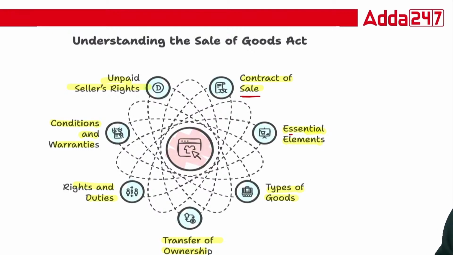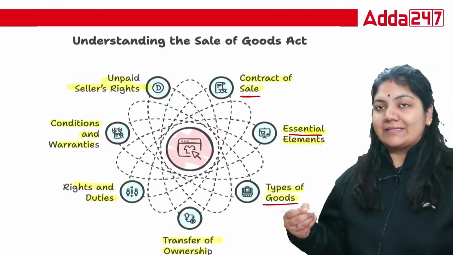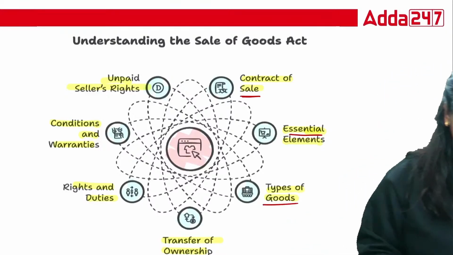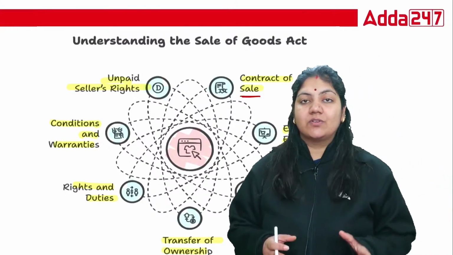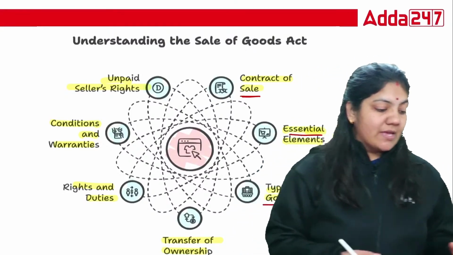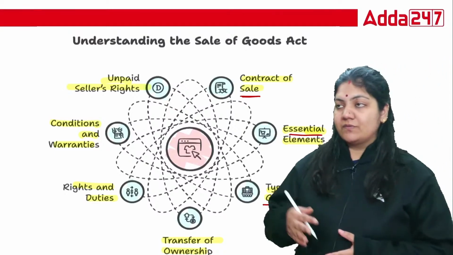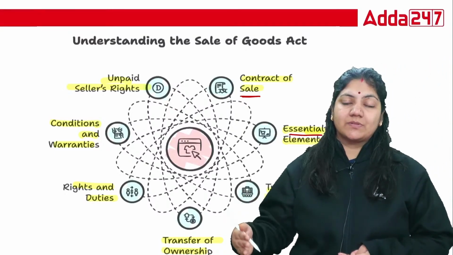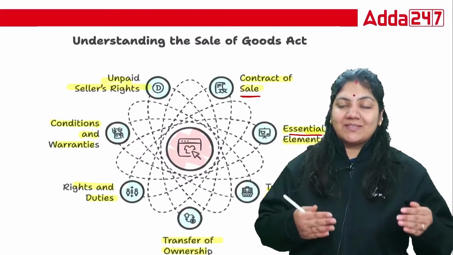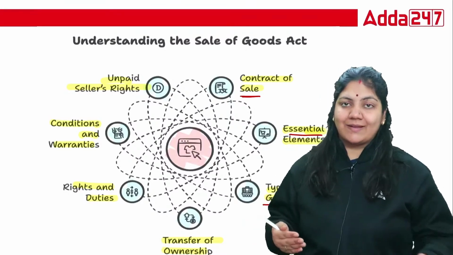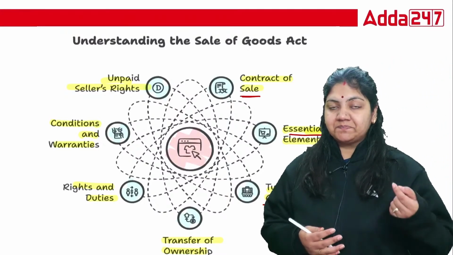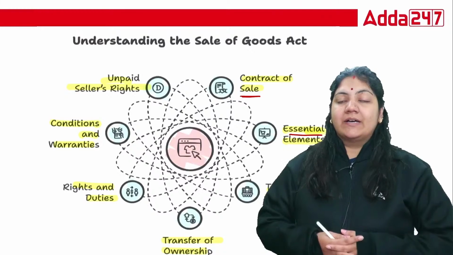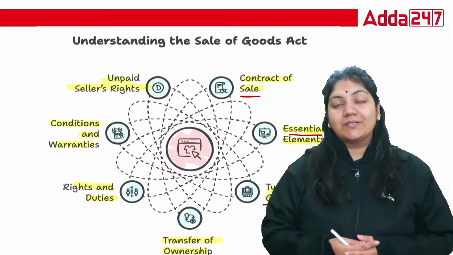Then the types of goods can be existing goods, future goods, etc. Then transfer of ownership. Then rights and duties: suppose one person is selling a car to another person, the parties will be seller and buyer, so what are the rights and duties of seller and buyer? Then condition and warranty, these are different terms, and then the unpaid seller's rights.